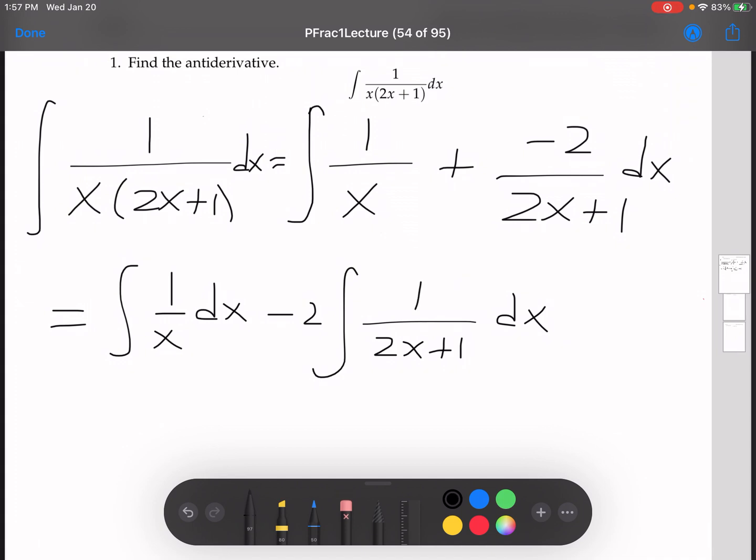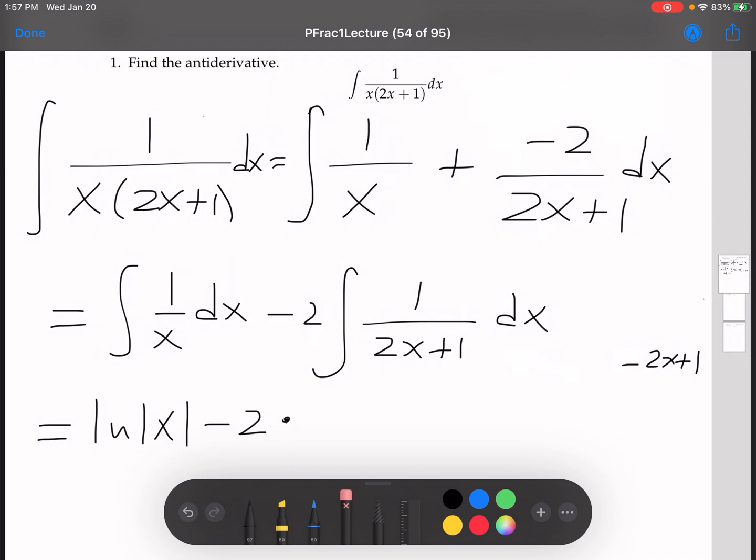I have a 1 there. And now I can take the antiderivative. The antiderivative of 1 over x is ln absolute value of x. So we get ln absolute value of x minus 2. You could use a u substitution here for this integral over here with u equals 2x plus 1.